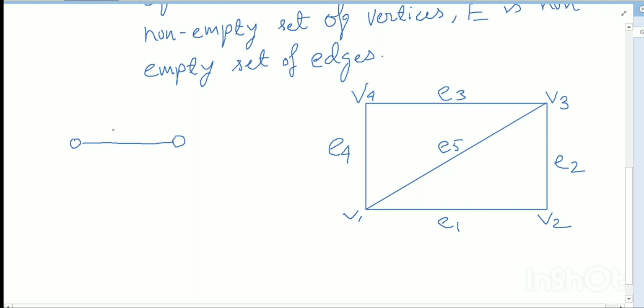In another graph you see V1 and V2 are two vertices and U1 is the edge. So mathematically a graph can be written as G equals G(V, E).